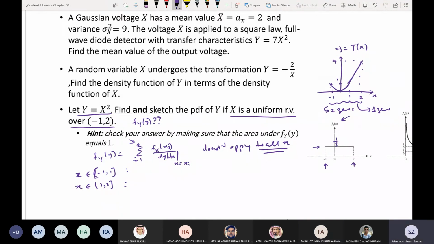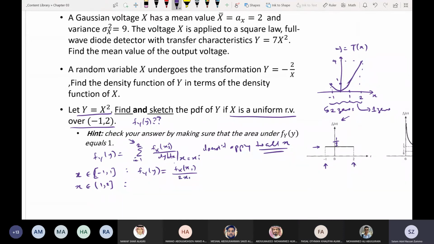2. 2 zeros, right? So fy of y equals 2 zeros, which is fx of x1 divided by dy dx. What is dy dx? 2x. dy dx is 2x.